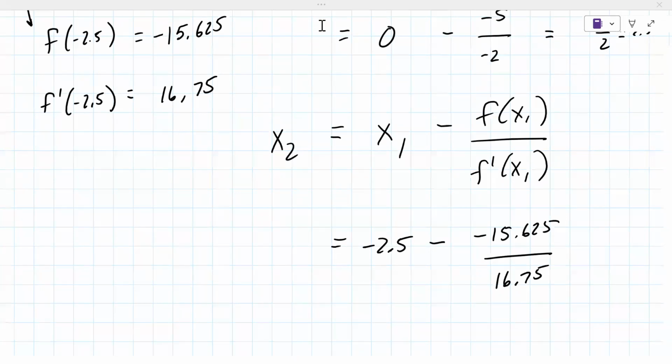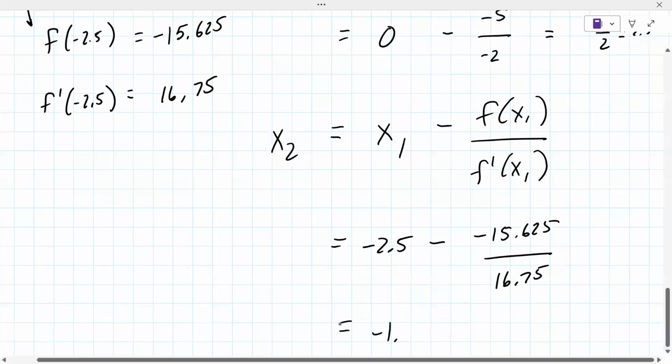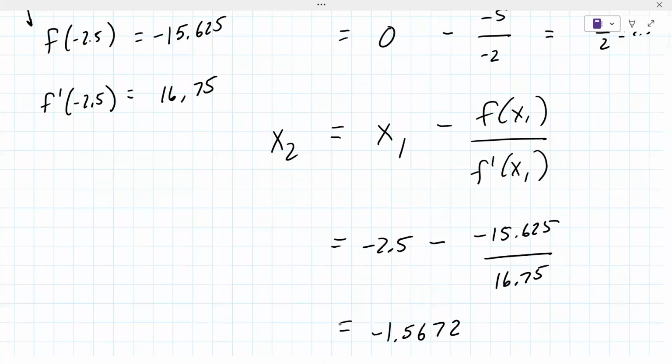And then rounded, I think it's at 4 decimal places. Like that. Yeah, it says it was correct. Okay.